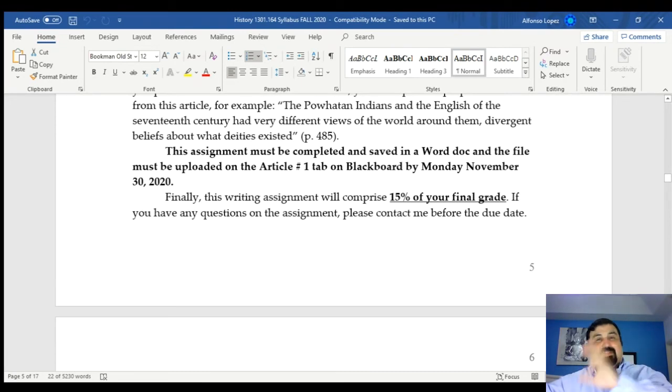This is an article that talks about the interaction between the English settlers of the Virginia colony and the Native American groups, and how each group had a very unique way of looking at the world. It had a unique way of looking at religion, how they practice religion, and we're going to see how each group viewed the other.